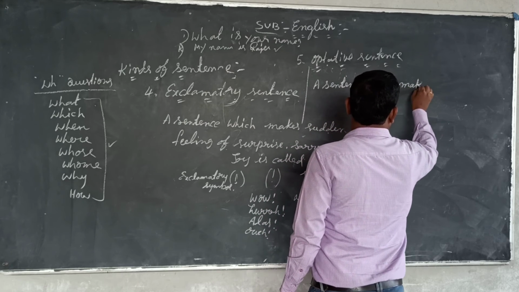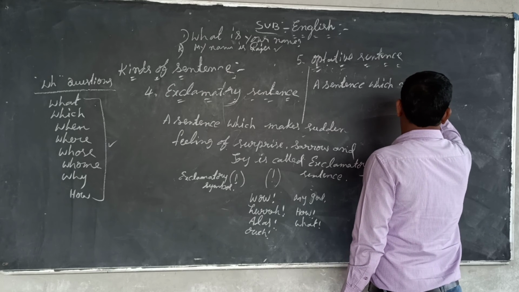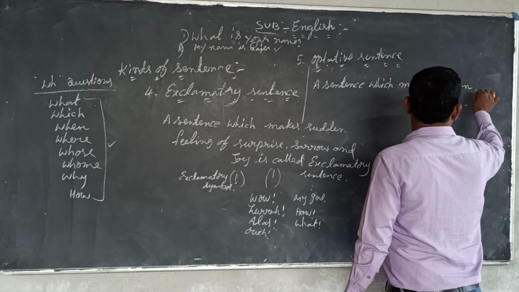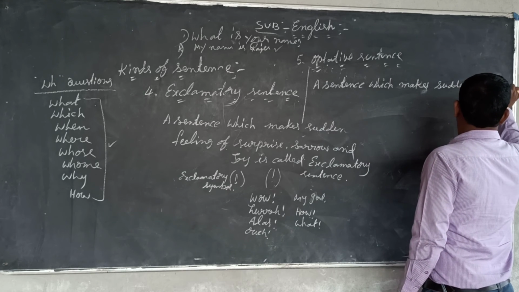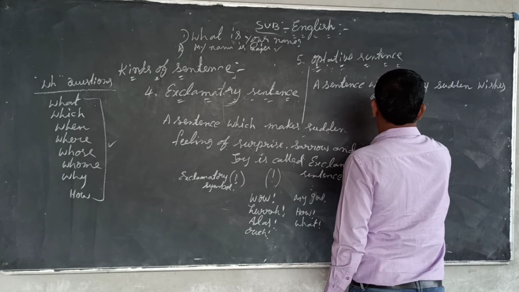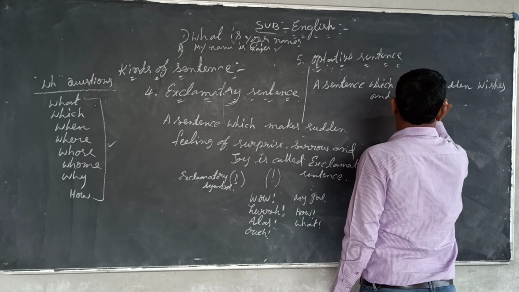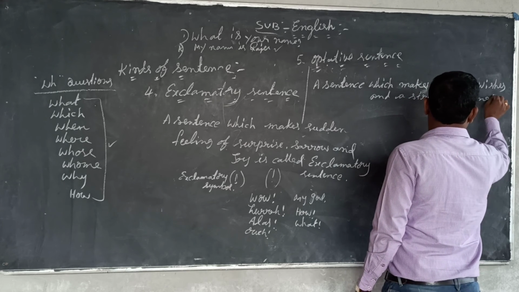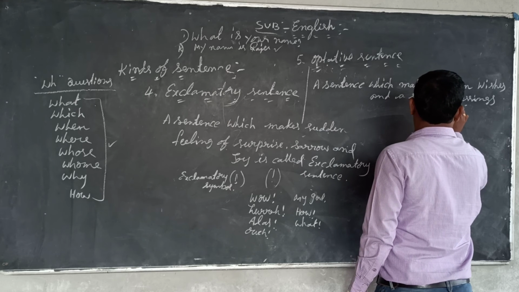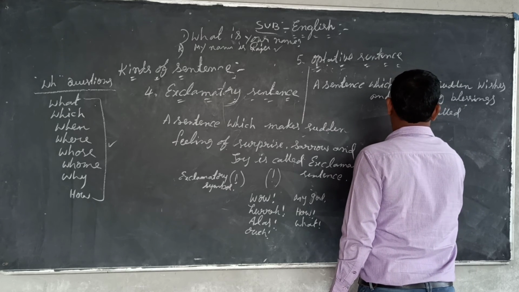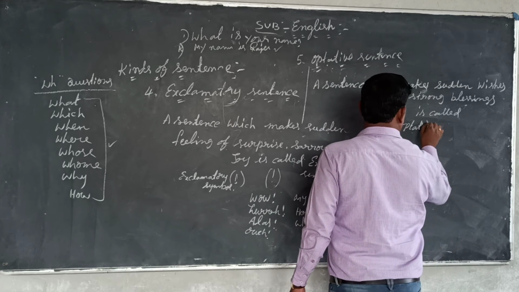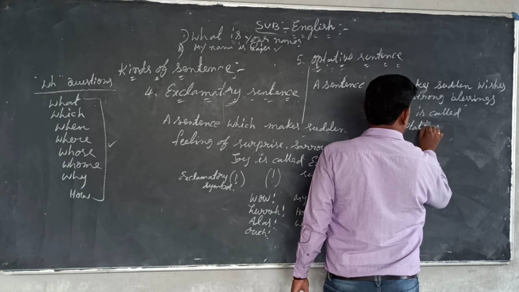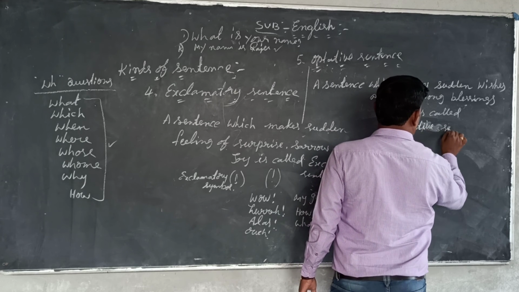An optative sentence means a sentence which makes sudden wishes and strong blessings is called an optative sentence.